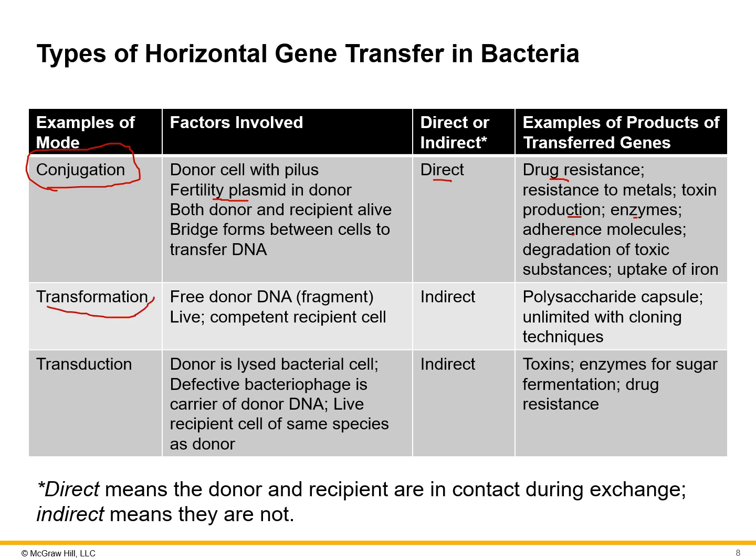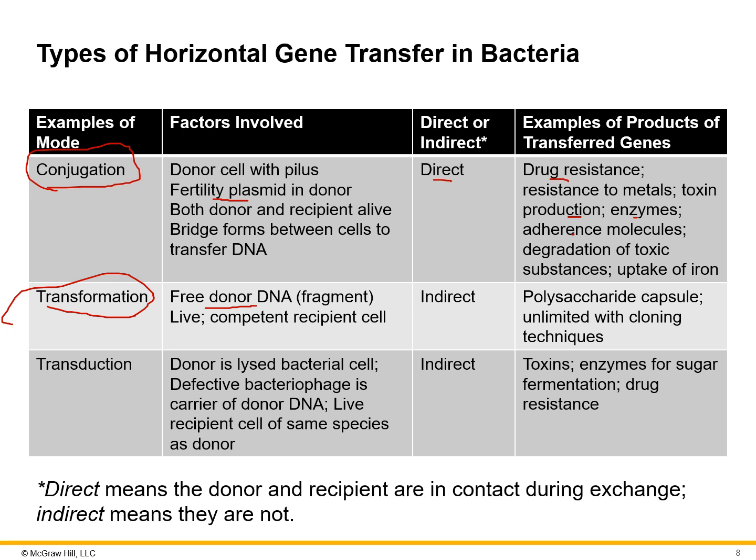Another way is transformation. Some bacteria, not all bacteria, can do this. This is where bacteria can take up free DNA. If we think about being inside of a pond and one bacterial cell just exploded and released all of its DNA into the water, some bacteria have the ability of sucking up naked or free DNA.